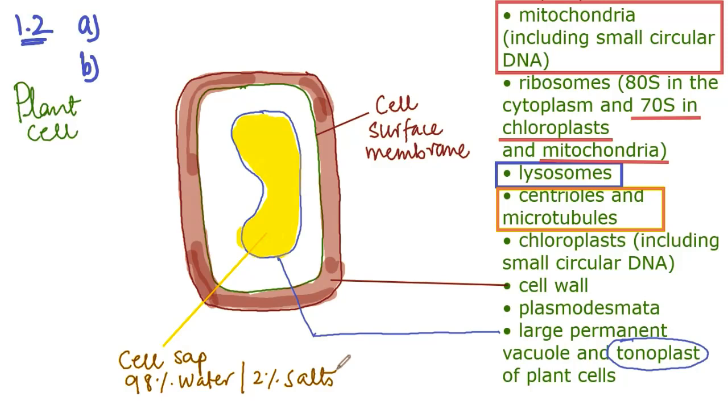So in a photomicrograph, the largest area which you can see is basically representing cell sap, or the inside of the sap vacuole. It's also called sap vacuole or large permanent vacuole. Other than the vacuole, plant cells definitely also have the nucleus, and they also contain mitochondria.